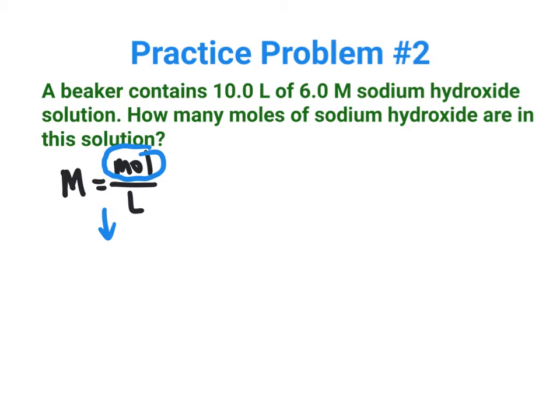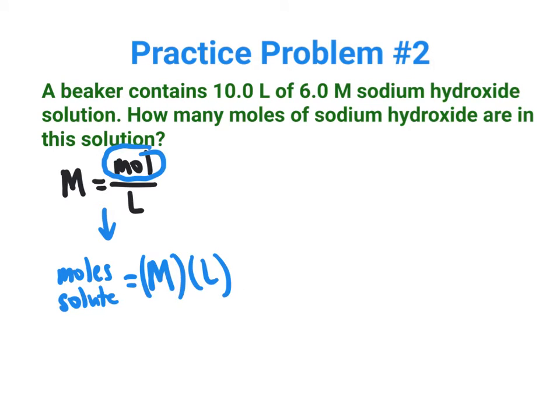The way we do this is we say that moles of solute is equal to the molarity, or the concentration, times the volume. In this case, we have 6.0 molar solution times 10.0 liters. Remember though, this has to be in liters.